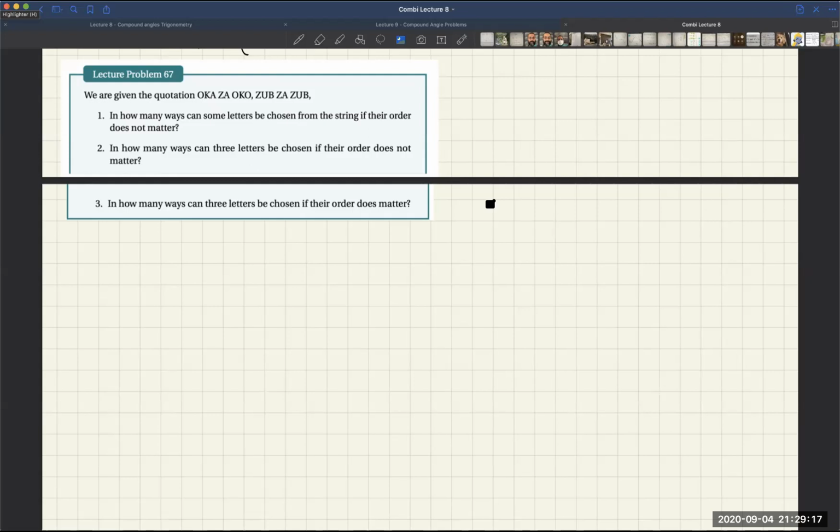In how many ways can some letters be chosen from the string if their order does not matter? Okay, there are 3 questions here. In how many ways can 3 letters be chosen if their order does not matter? First question is some letters be chosen. And third is in how many ways can 3 letters be chosen if their order does matter? Come on, try this one now.